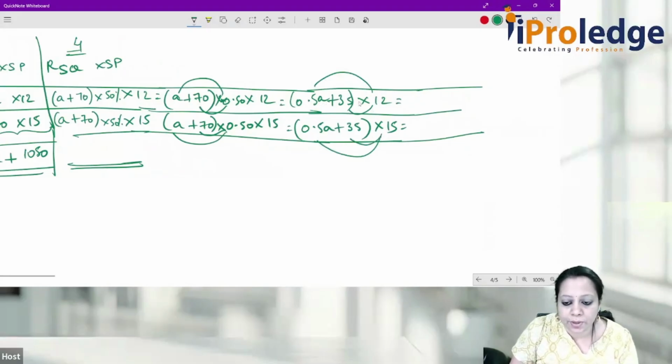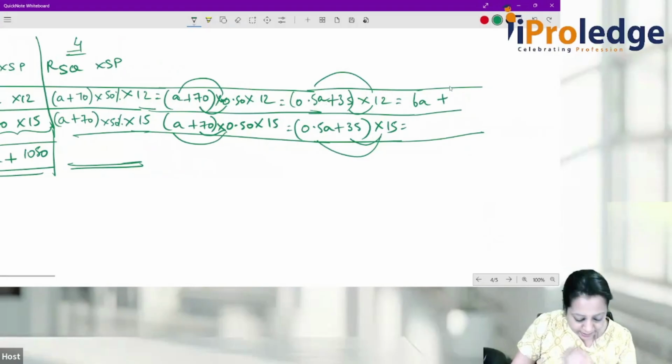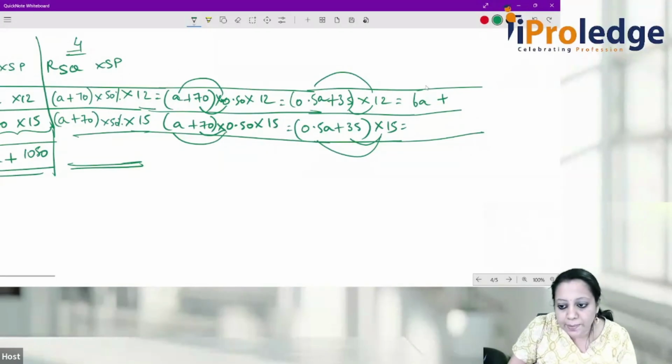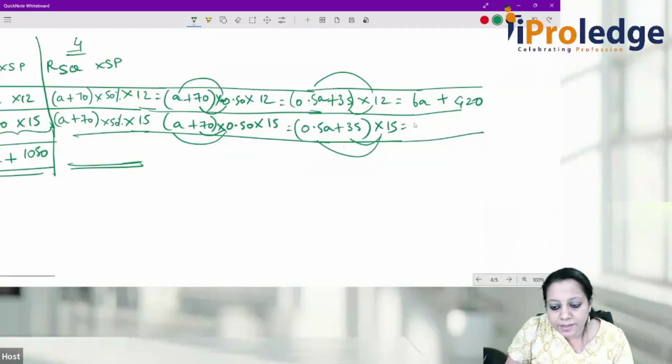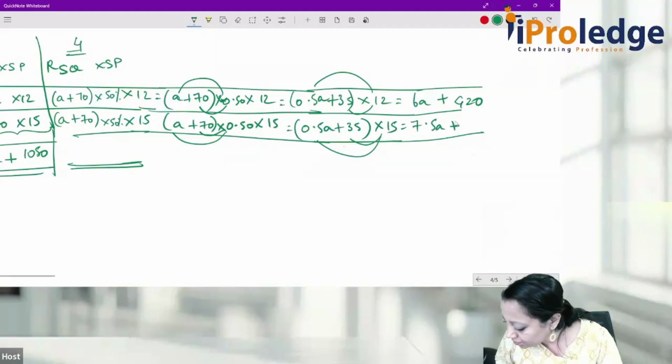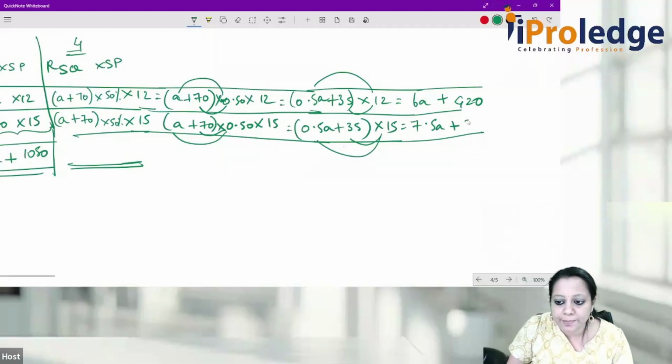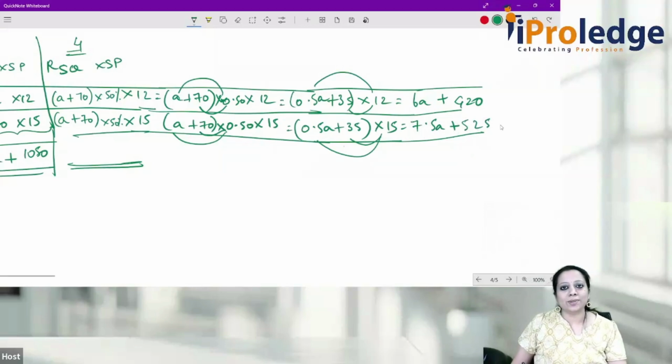So by doing so, you will get 6a plus 35 into 12, 420. And here what you will get, 7.5, no? 7.5a plus 35 into 15 is 525. Up to this, everybody's understanding, students? Actually, people could have done it in 2 steps only.